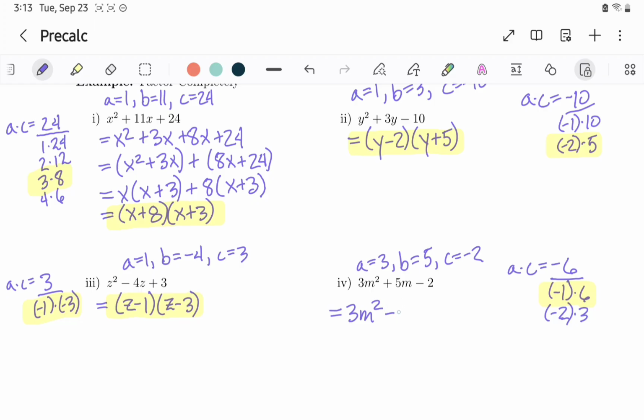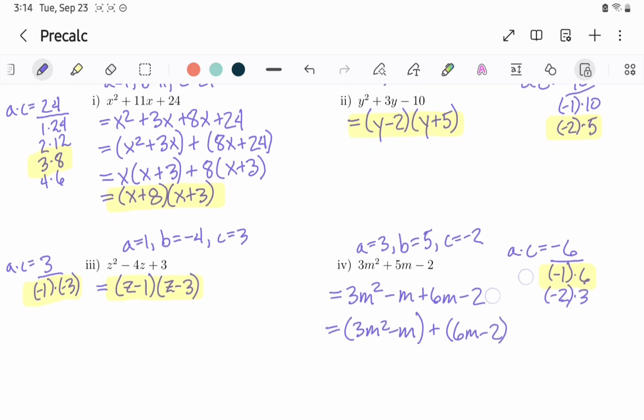So 3m squared minus m plus 6m minus 2. And then we can group the first two terms together, so 3m squared minus m, and then plus 6m minus 2.